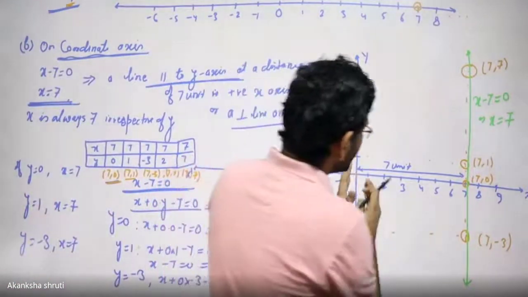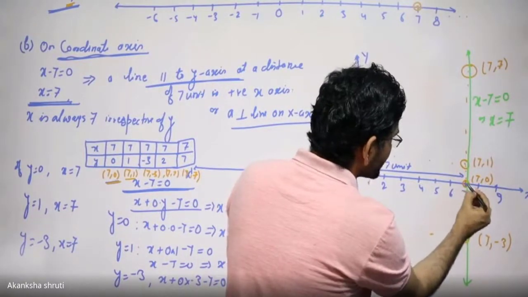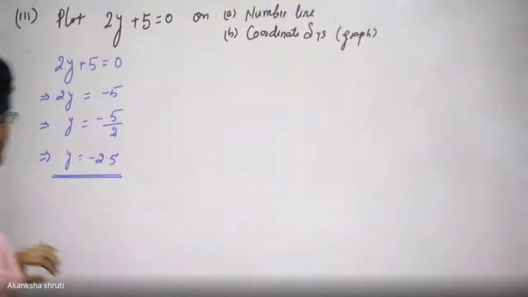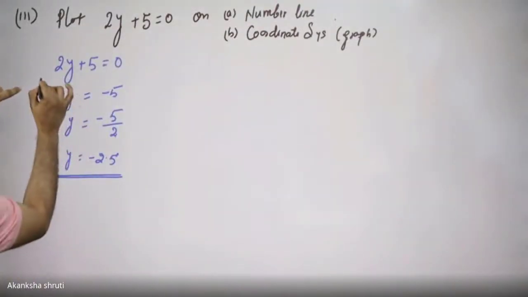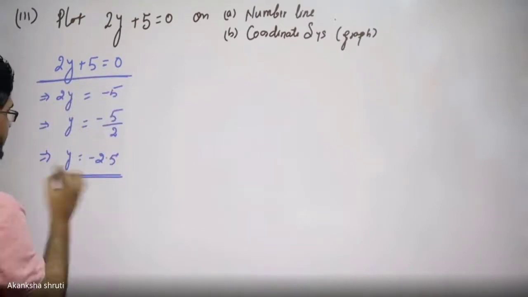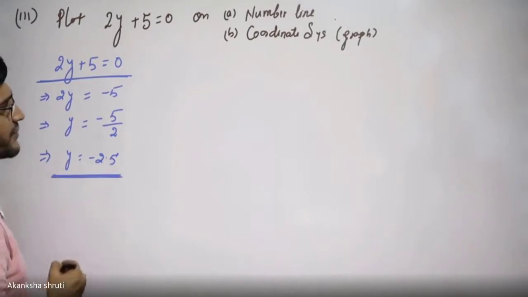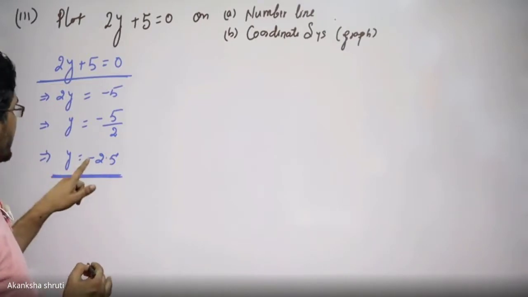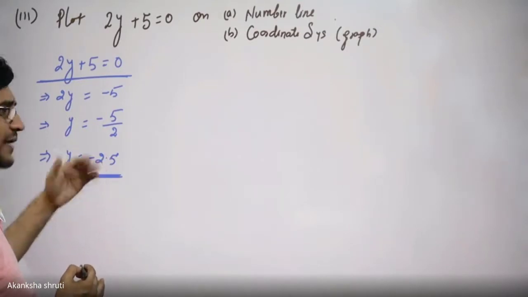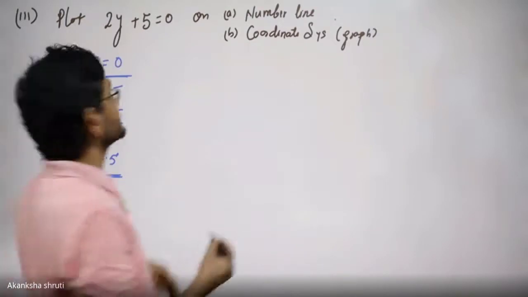So this is the coordinate system. On the x-axis, move up to 7 and draw a perpendicular line. Similarly, for drawing the graph of this equation, which is in y, we have calculated that y is minus 2.5. So just allocate the point minus 2.5 on the y-axis, and draw a line parallel to the x-axis.